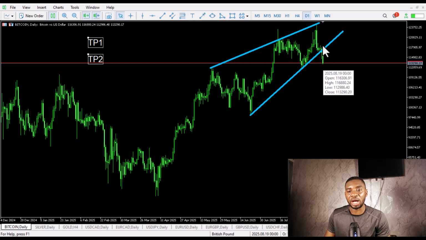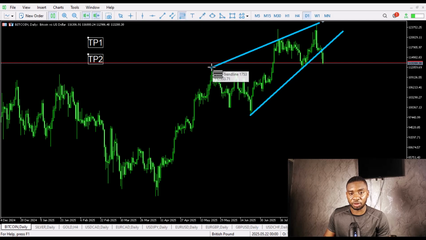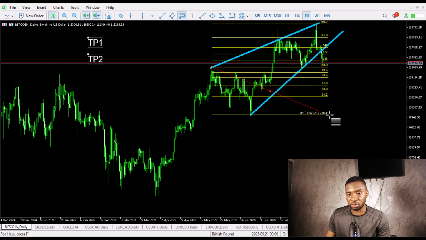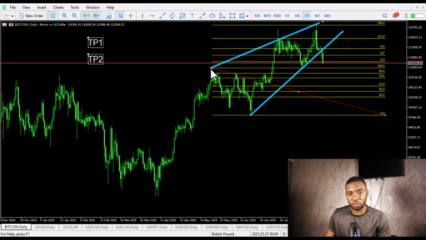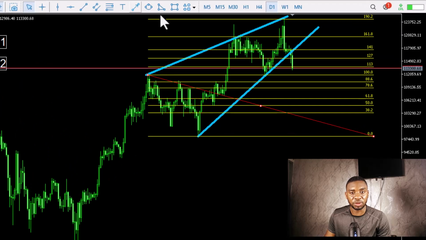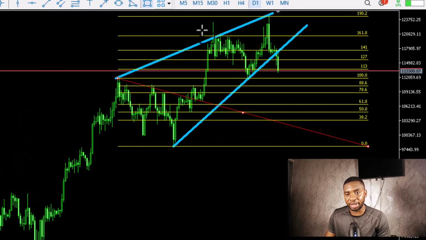how do we determine our entry point? For our entry point, I'll use Fibonacci 2, and I'll draw from this swing high here to this swing low here, and in it I'll mark the most likely place that price will enter.